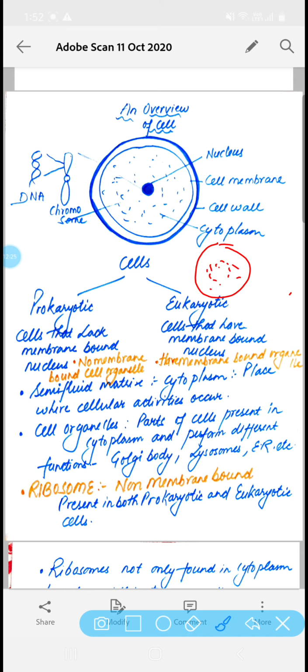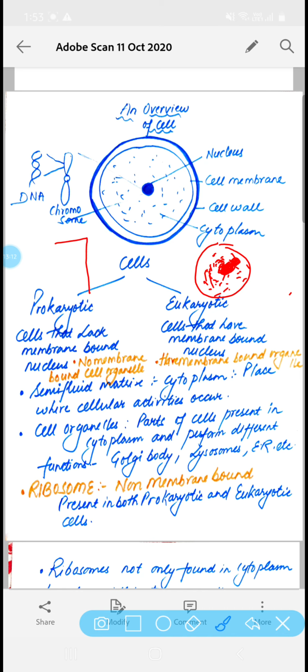Inside it, the fluid is filled, called the cytoplasm, and on one side there is a nucleus. Okay, nucleus, and this is the typical animal cell. Okay, what is in the animal cell? There is a cell membrane, a nucleus, and cytoplasm. Okay, inside, in the center, make the nucleus in it. Okay, in the center it is the nucleus. This diagram that I have made, I have just elaborated it. Clear? So this is the typical structure of an animal cell.